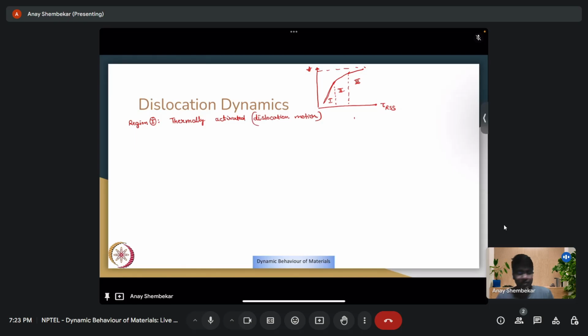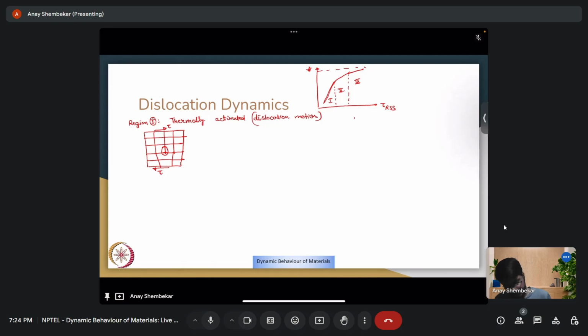The reason is that region 1 relates to thermal activation. And what do we mean by that? Suppose we take the case of an edge dislocation. If we apply a shear stress on its boundaries, what do we see?